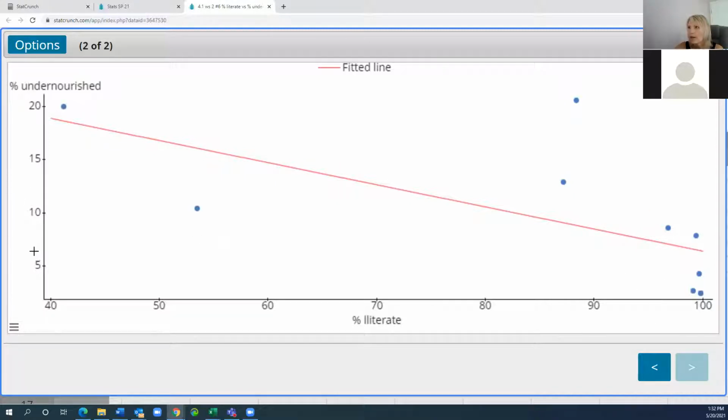They have a very low percentage of people that are undernourished. And so hopefully, if you can educate people in your country, they're going to be more likely to have jobs that can sustain them and provide nourishment and food, and they'll have money to buy food to take care of their families. So just because you can read doesn't mean that you're going to have food, right? It leads to other things. And so that's what this is saying here in the picture.